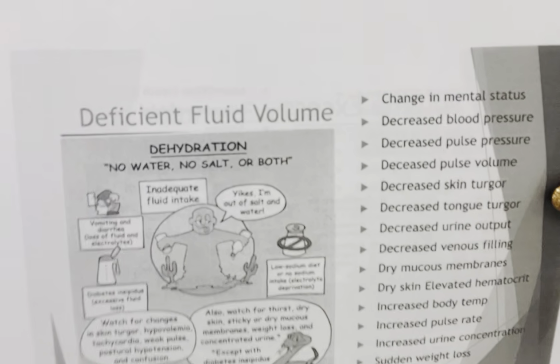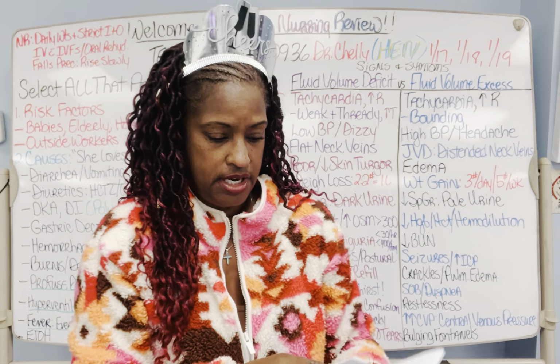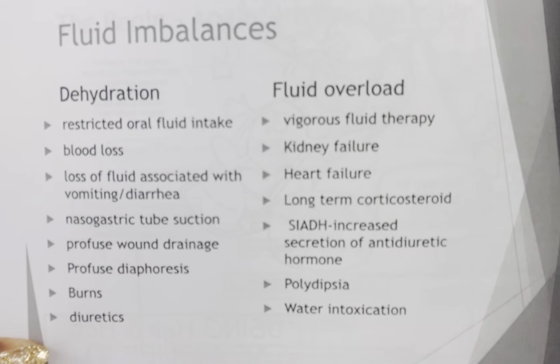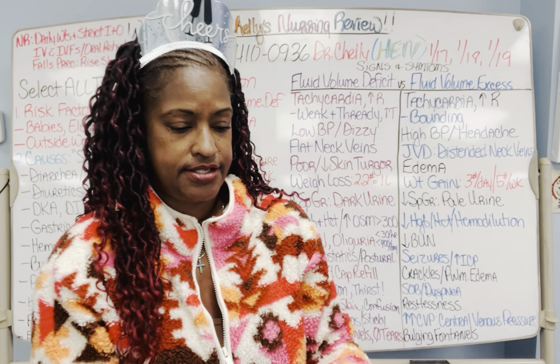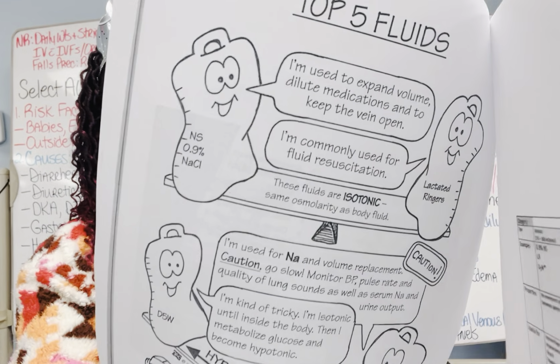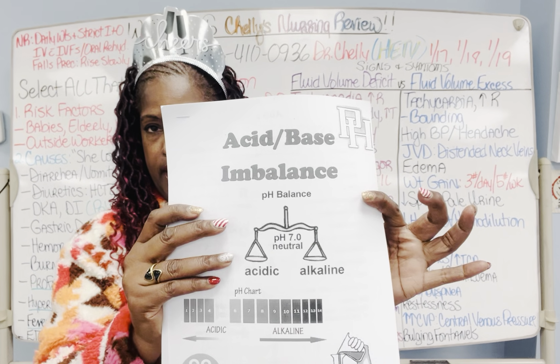You know what I mean? Like this is your fluid volume deficit, like select all type of stuff. And you'll see a bunch of other information on fluid. It also has how you treat it in here with the different fluids you can use. So I need you to make sure you get your handout, all right?